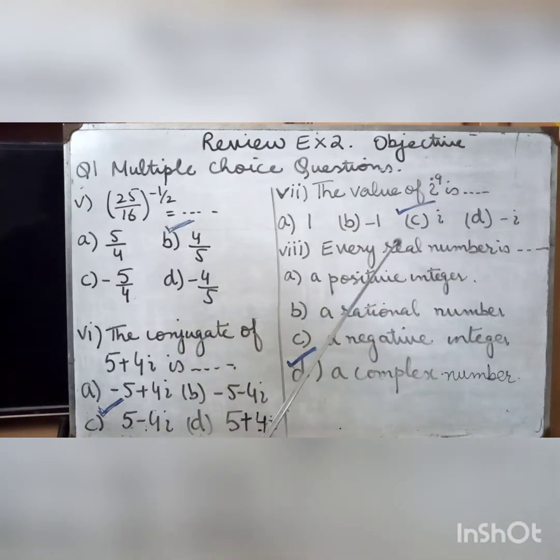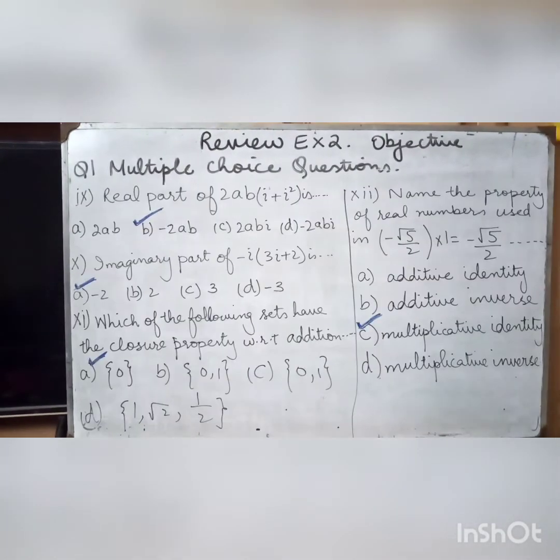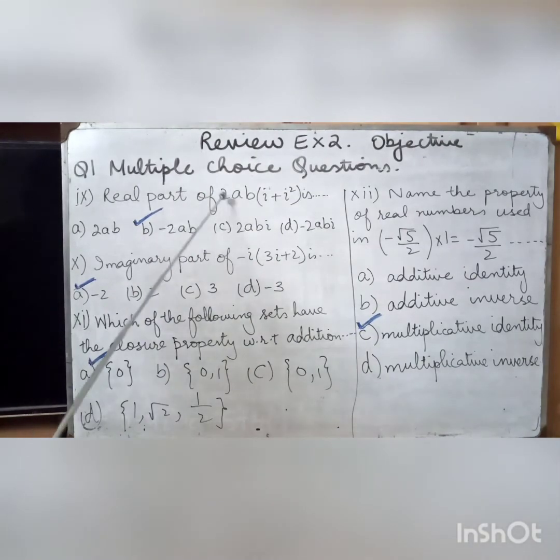8. Every real number is a complex number, D. 9th. Real part of 2ab into iota plus iota square is B, minus 2ab. 10. Imaginary part of minus iota into 3 iota plus 2 is A, minus 2. 11.